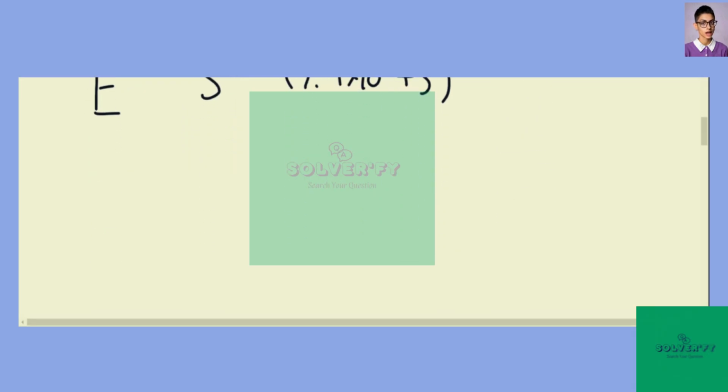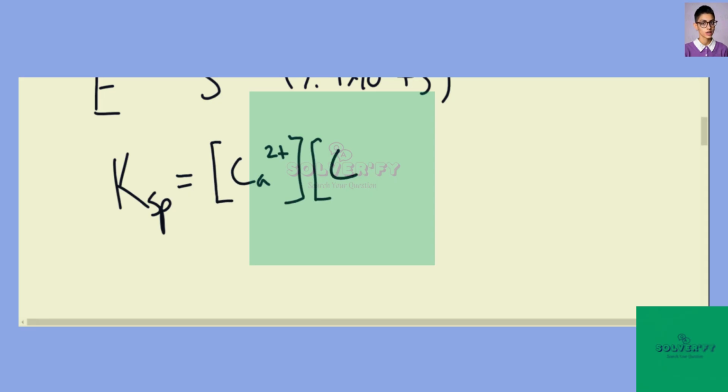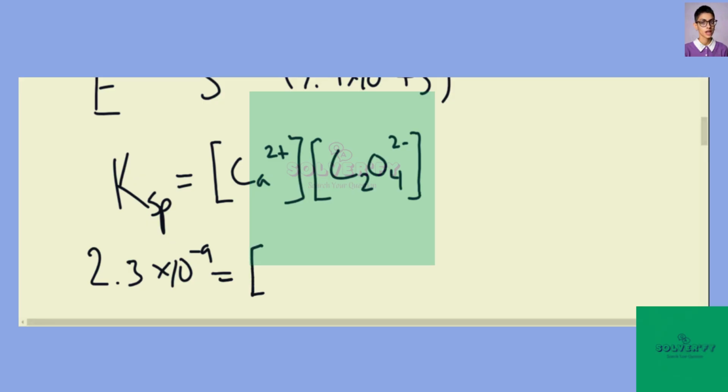Now we need to put this in our KSP expression, which equals the concentration of calcium, 2 plus, and the concentration of C2O4, 2 minus. So the KSP for this reaction is 2.3 times 10 to the negative 9, and that should be found in Appendix C. We don't know this number, but we do know this one.